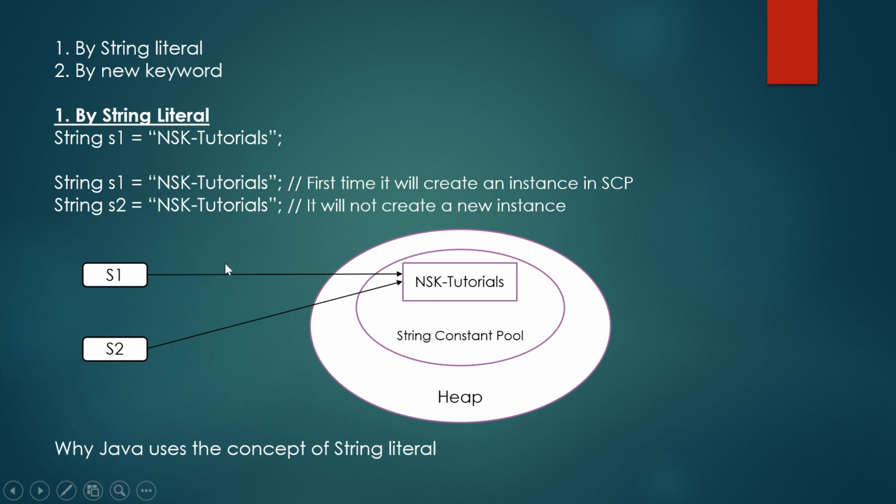The second time, when I create the same content, the JVM will go and check in the string constant pool whether the same content is available or not. If it is available, it will point to it. If it is not available, it will create a new instance.